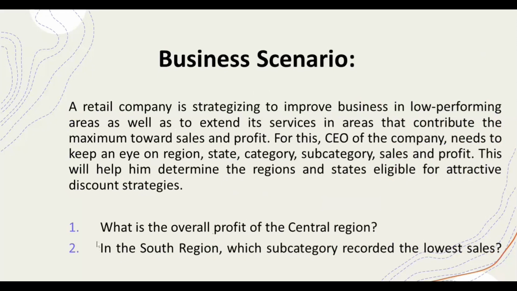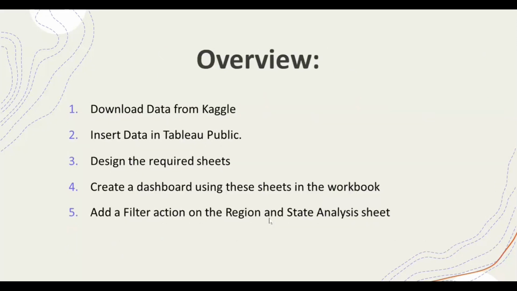The outcome will be in search of these two questions that we need to analyze: what is the overall profit of the central region, and in the southern region which subcategory recorded the lowest sales, right? So this will be our scenario and what we need to find out.